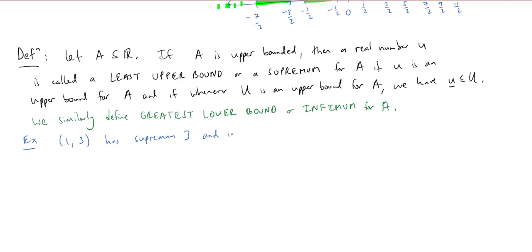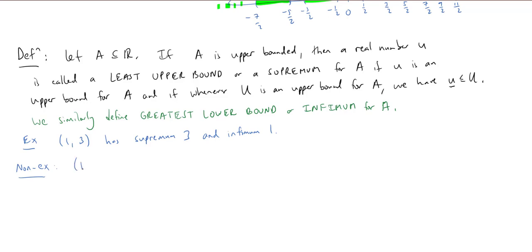So this has infimum 1. All right. Now, I said here 1 is the greatest lower bound. And we're actually going to write down a theorem in just a moment that says it really makes sense to talk about the supremum, the infimum. Before we do that, we'll just do one last non-example here.